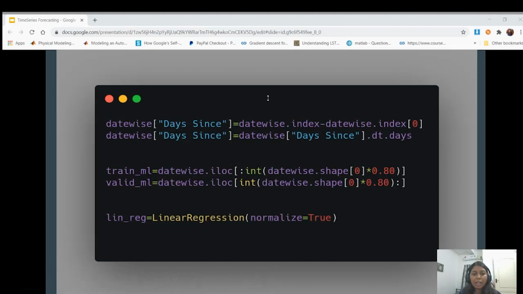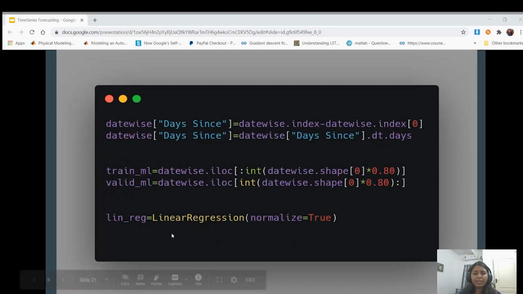All right. Now, taking the data sets date-wise, since we are getting into machine learning, we need to make a training machine learning data set and a valid machine learning data set, because we will be training on that train ML set, and we will be validating our algorithm on the valid ML data set.